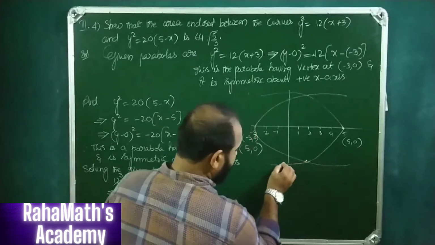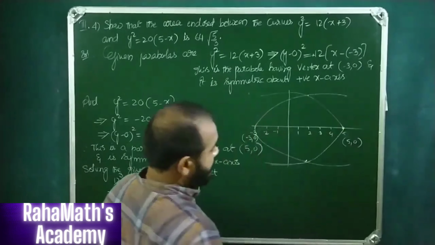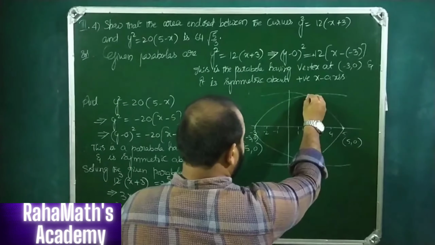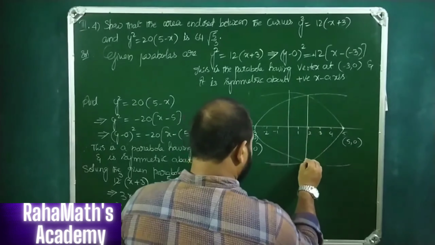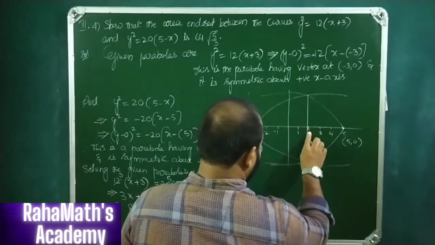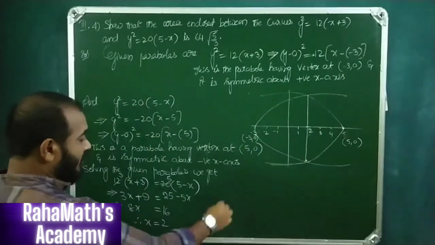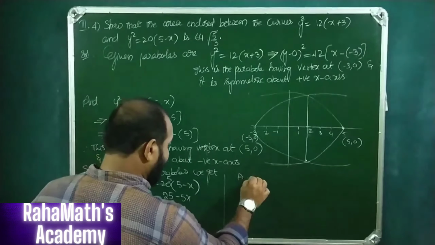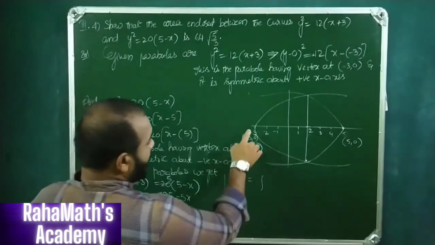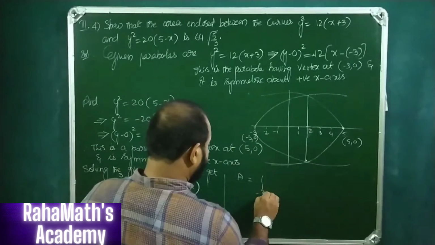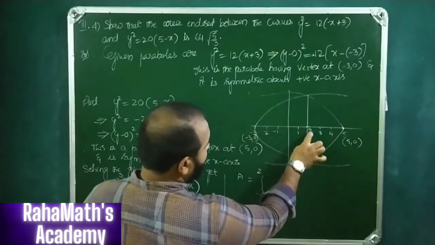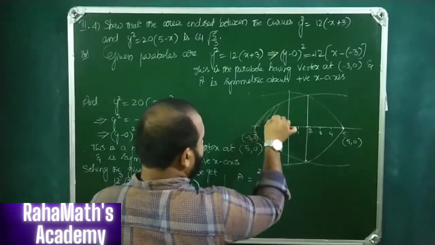So actually both are intersecting at x equals minus 2. Okay, so this is the data given. And here, if you see, the area of the region A is equal to the integral from minus 3 to 2 of this curve.